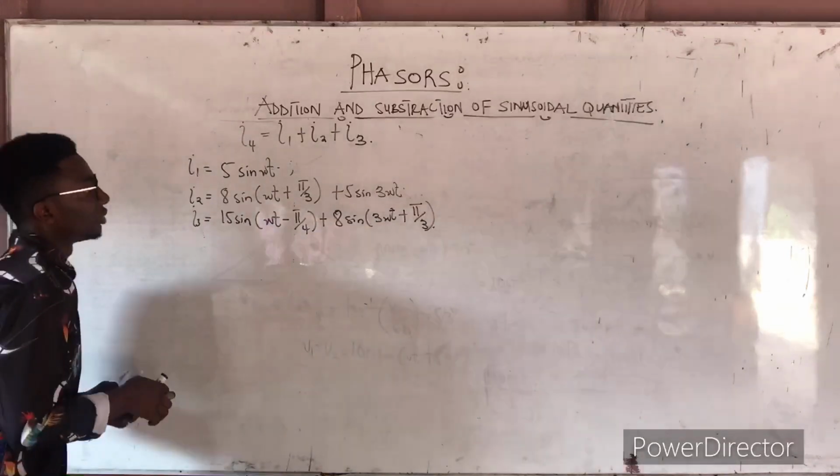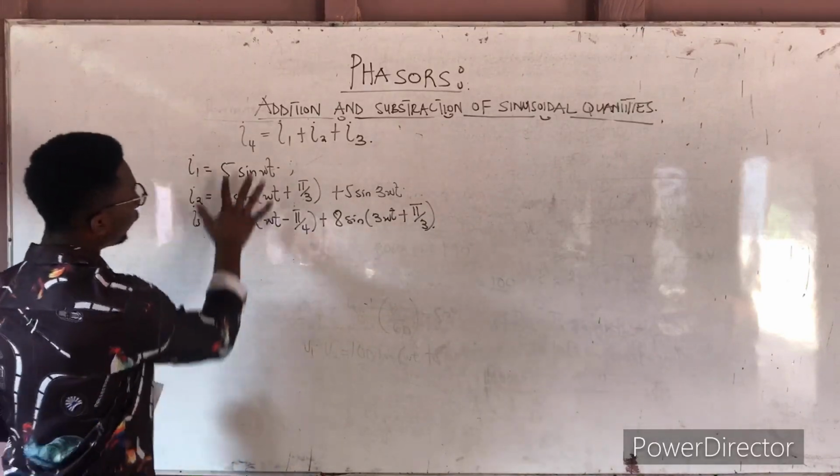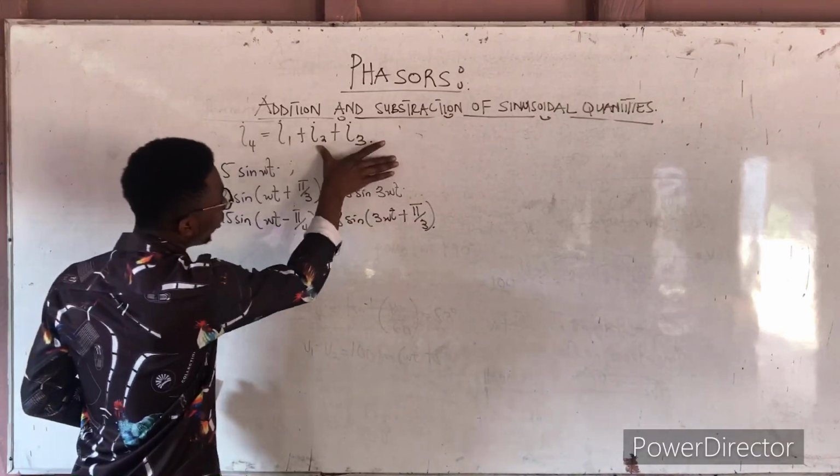So this was what we can draw out from the question, and the question says we should find I4 by adding all of these together.